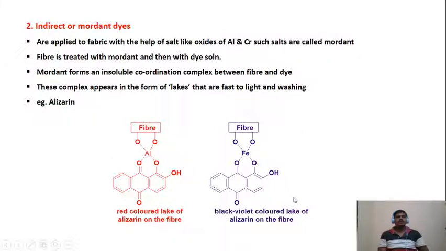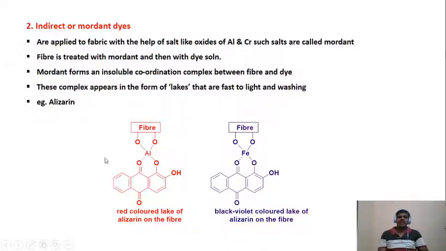So what is the role of the mordant? From one end it gets attached to the fiber, and from the other end it gets attached to the dye, and this complex is formed. These complexes appear in the form of lakes, and they are very fast to light and washing, so they have industrial application.